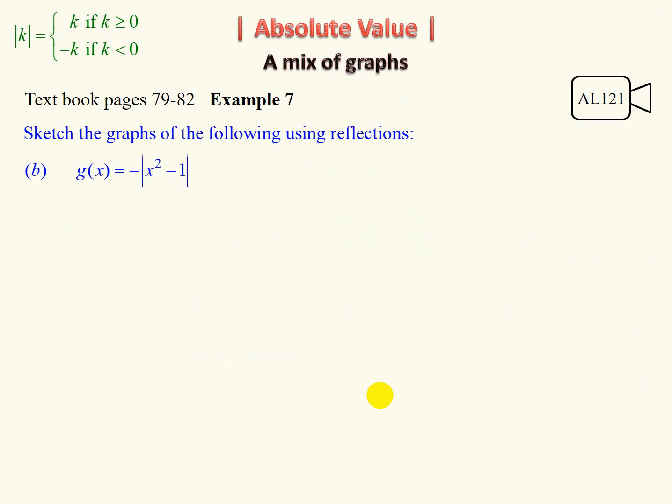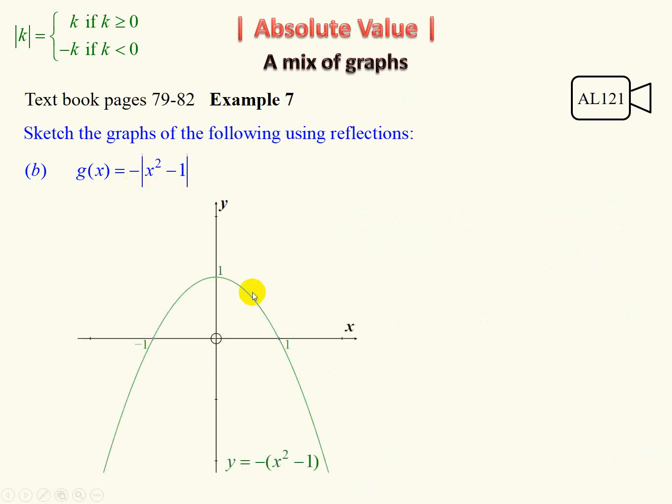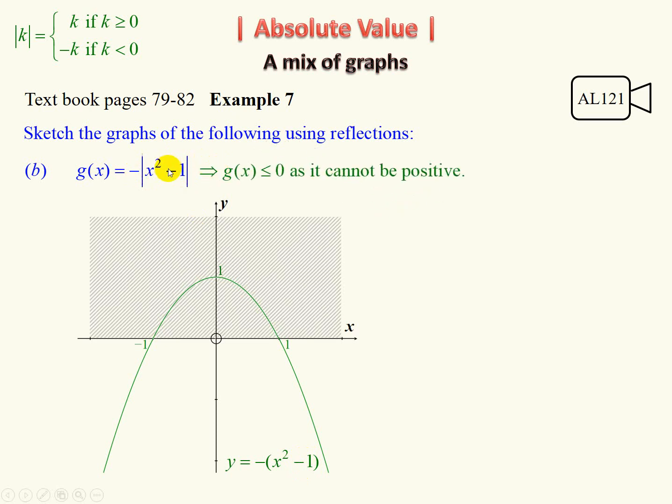Another example, g of x equals negative the absolute value of x squared minus 1. Well, there's the graph of negative of x squared minus 1. The absolute value of x squared minus 1 can't be negative, so therefore put a negative sign in front of it.